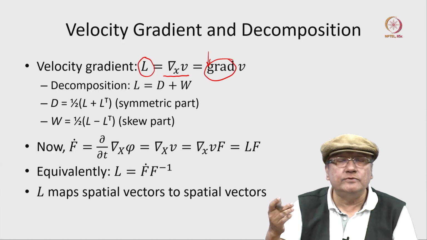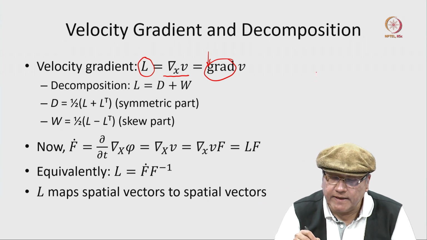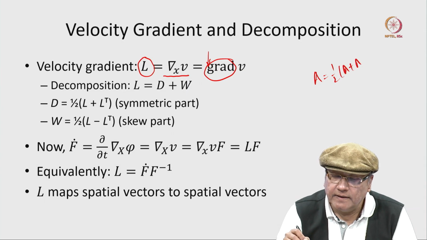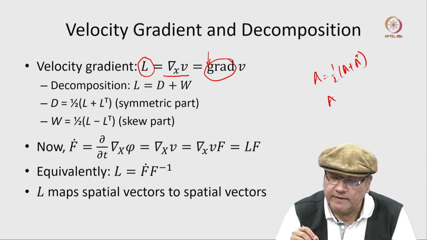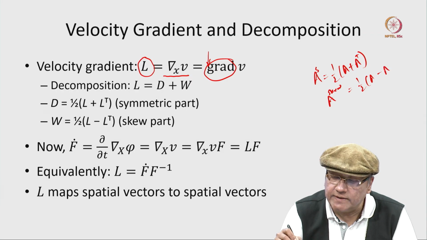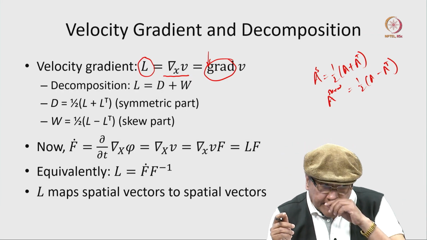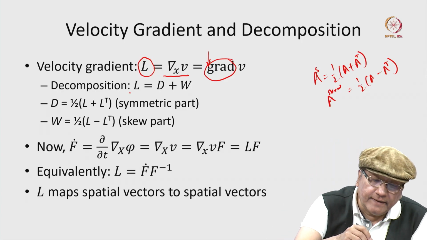Now any matrix A can be decomposed into a symmetric part and a skew symmetric part. A symmetric, A skew, equal to half of A plus A transpose and half of A minus A transpose. You know this uniquely. You can do the same thing on L also.